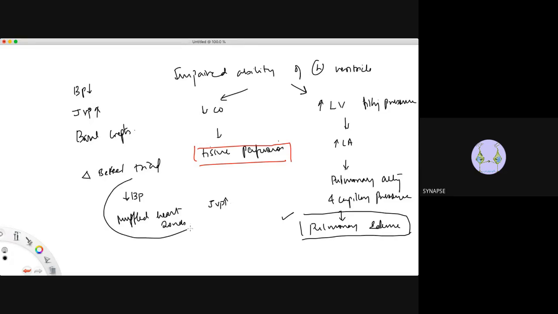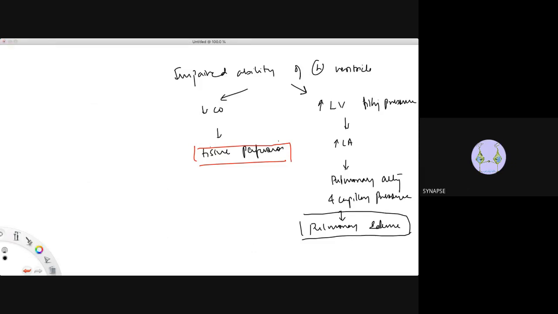So this is Beck's triad, which you're going to see in cardiac tamponade. This is how you pick up cardiogenic shock.